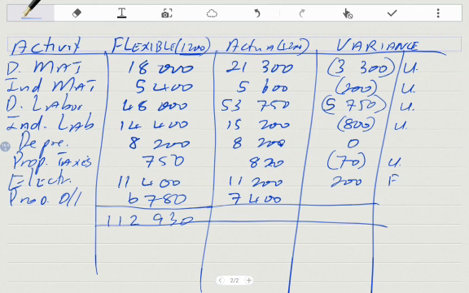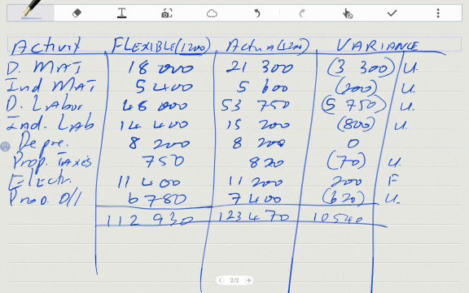Overheads 6,780, but the actual one is 7,400. So we've got 620, which is unfavorable. You can add your negatives and minus the positives, and it will show you a result of 10,540. And here you've got 123,470.